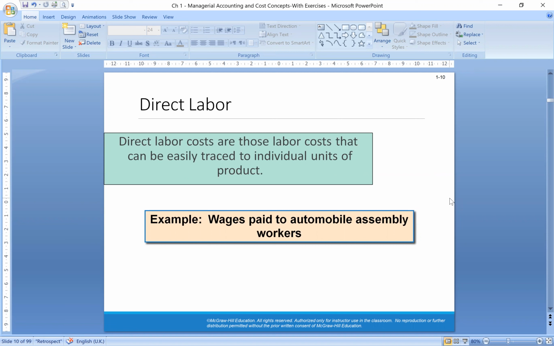Again, we say that we need 1 hour from an employee to make a table. Then it is easy to trace to 1 table, so we call it direct labor. Wages paid to automobile assembly workers, or car assembly workers, are also an example of direct labor.